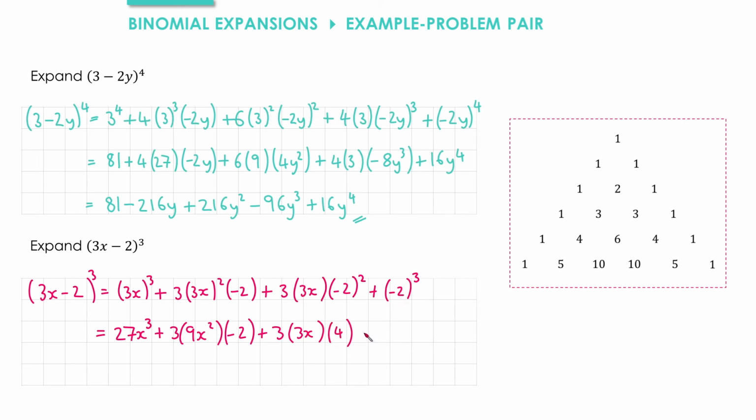And (negative 2) cubed is negative 8. Finally, we'll just tidy everything up to finish off. We've got 3 times 9 times negative 2, so the answer is negative, and 3 times 9 times 2 is 54, so minus 54x squared. We've got 3 times 3 times 4, that's 36, so 36x minus 8.